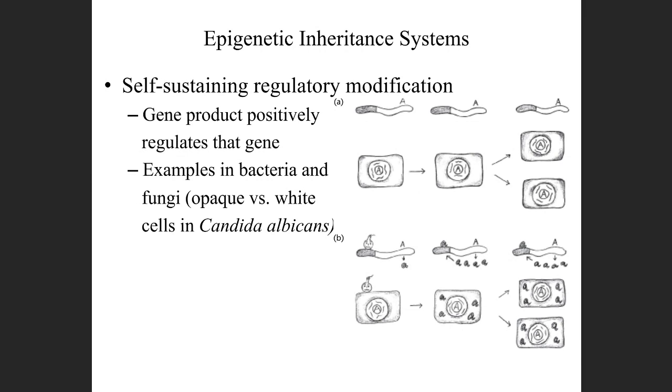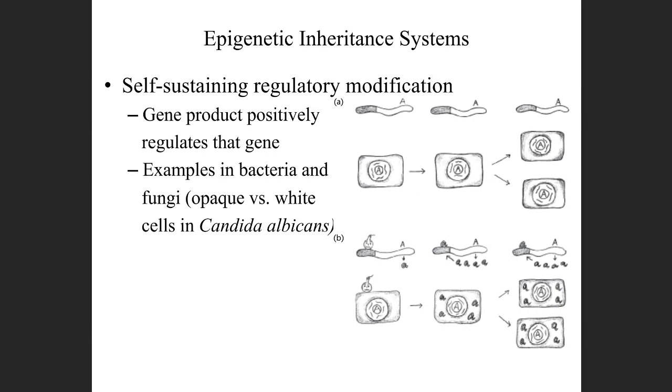So the most common morphology is the white cell morphology. Their sexual phase is actually the opaque cell. So this is a longer, differently shaped, darker cell.